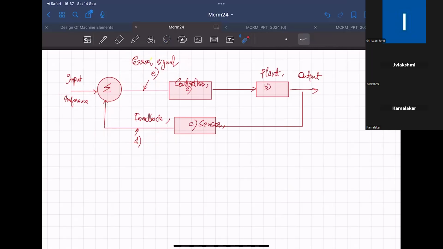So I suppose the answer is option A is controller, option B is plant, option C is sensor, option D is feedback, option E is error signal. Controller, plant, sensor, feedback signal, error signal. That was indeed the answer.